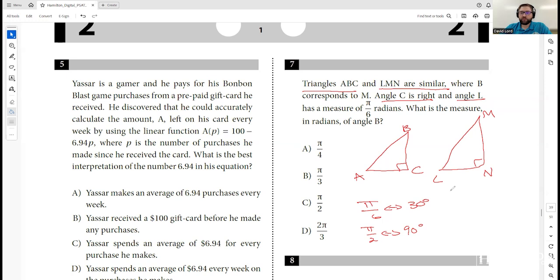So if you use degree mode, it'd be 180 minus 90 minus 30, which is equal to 60 degrees, or pi over 3. And if you went straight from radian mode, it'd be pi minus pi over 2 minus pi over 6, which gives you directly pi over 3. All right, and that's it. Answer is B.